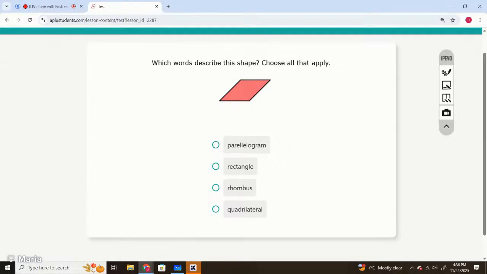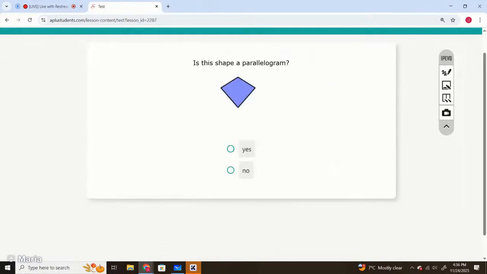Which word describes the shape? That is a parallelogram. Option number one is the correct option.